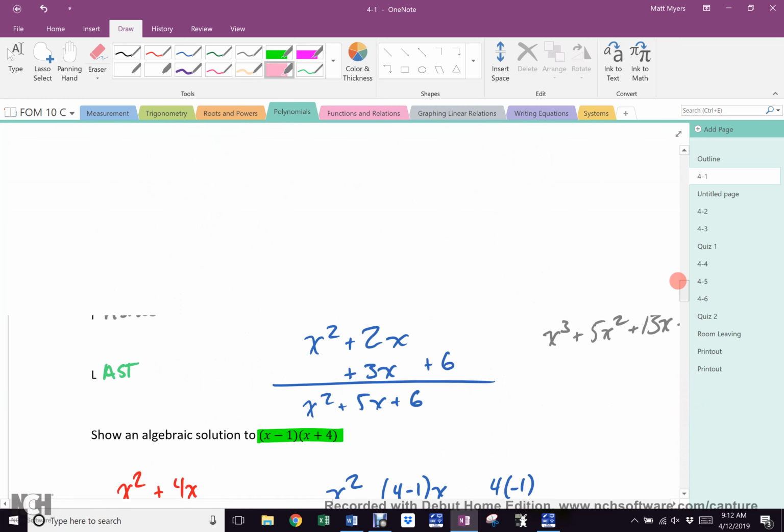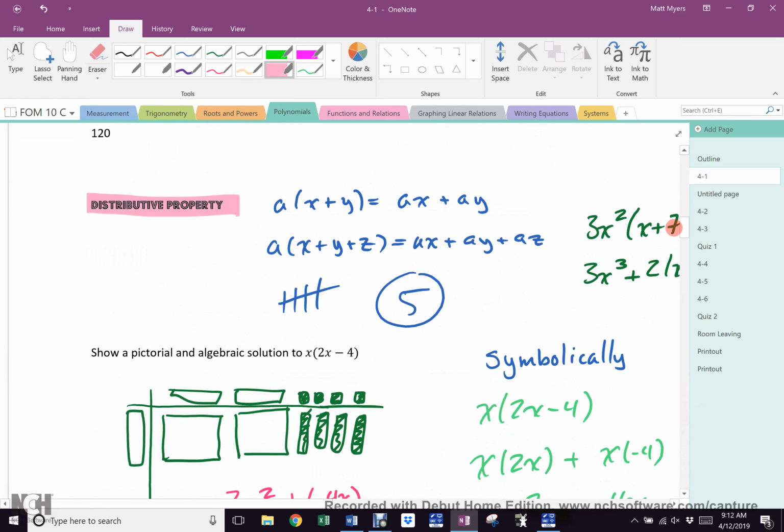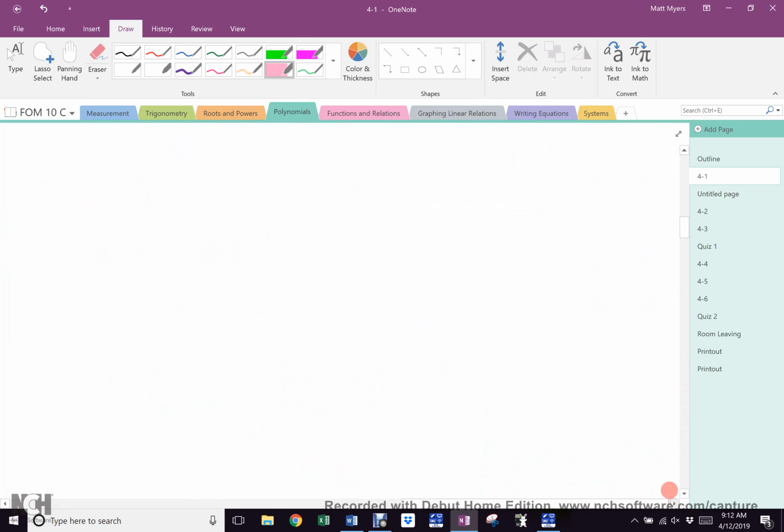Now, I want to warn you of something so you don't go all the way through this doing something wrong. X squared. What does that mean? It means x times x. Why? Because x is the base, right? And that 2 means I got to have 2 bases. Agreed?